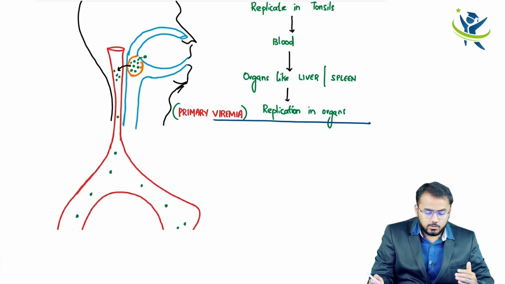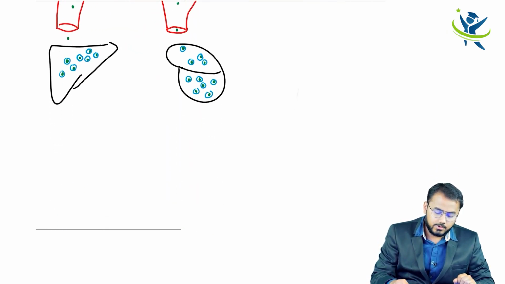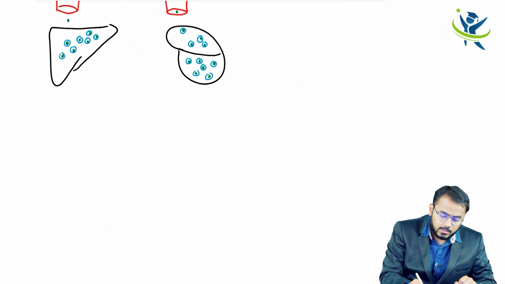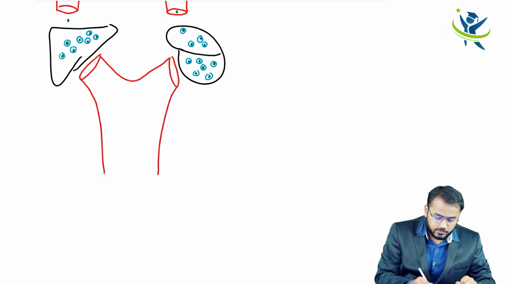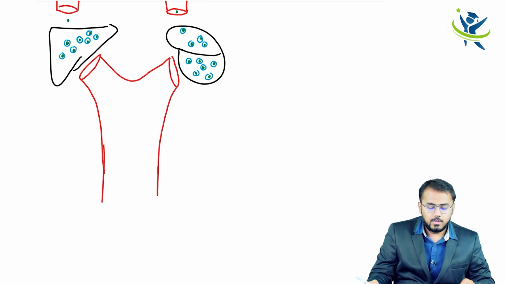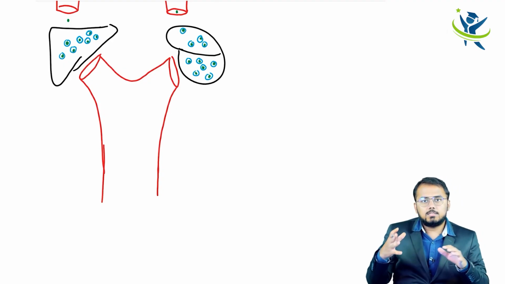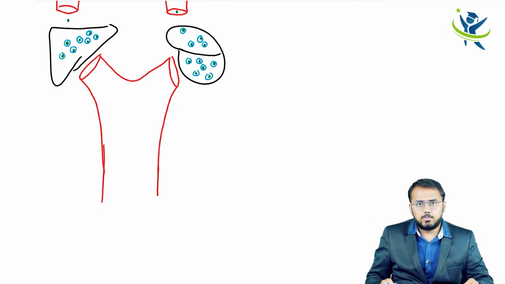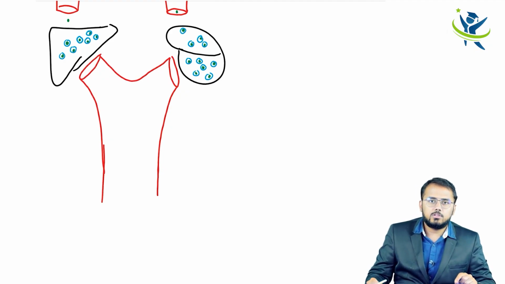So now what is going to happen? Look here very carefully. Let me draw a few arteries over here, right? So again, this is the blood vascular system over here. Once the viruses started dividing in the liver, once the viruses started dividing in the spleen, don't you think it is going to affect the liver and also your spleen?